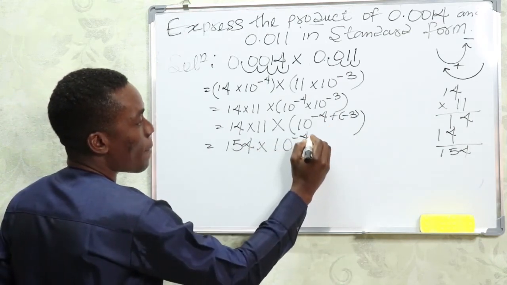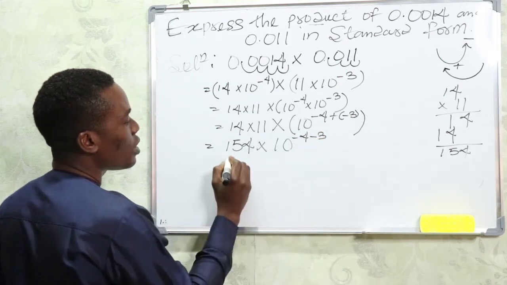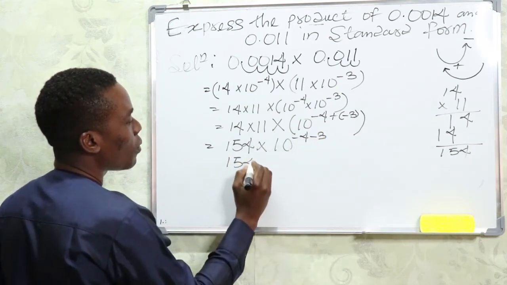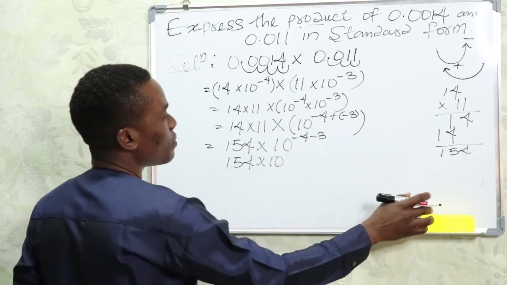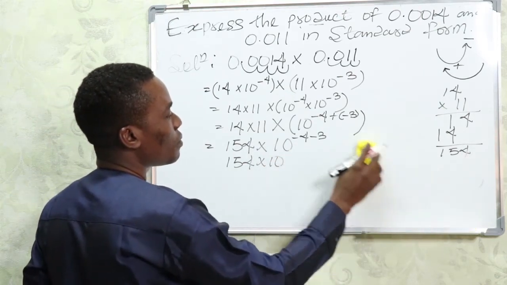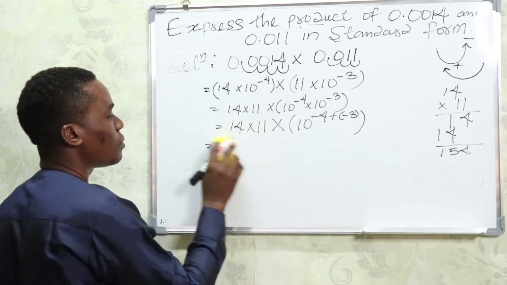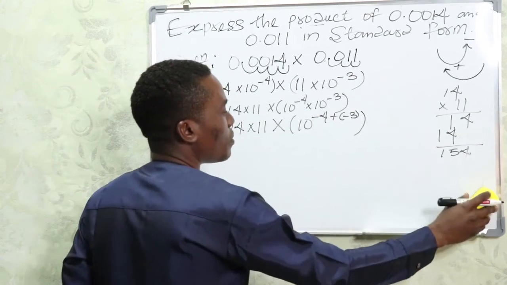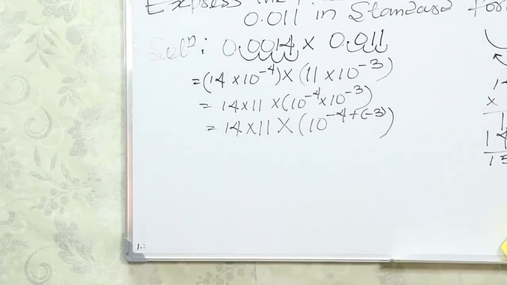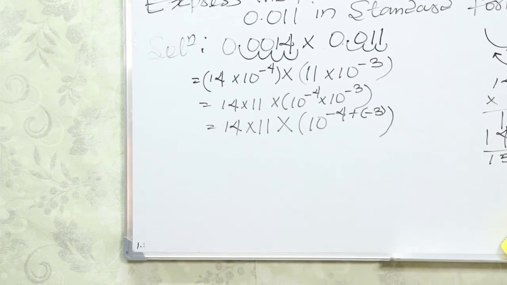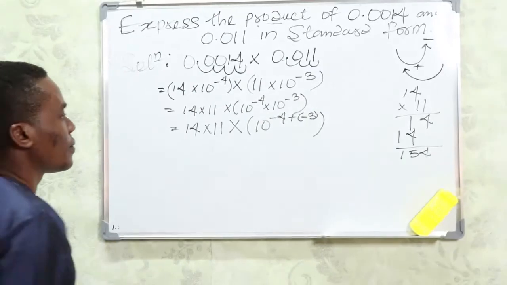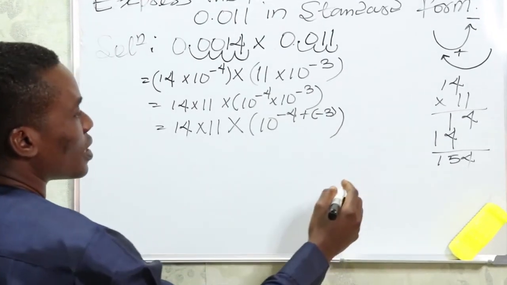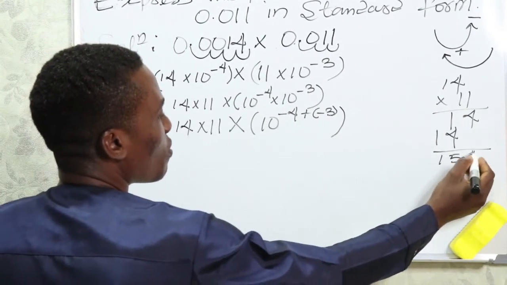minus 4 minus 3. So this will give us 154.